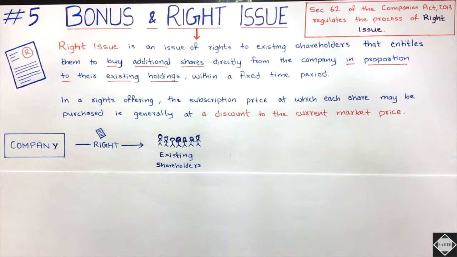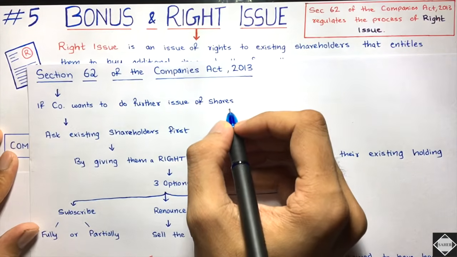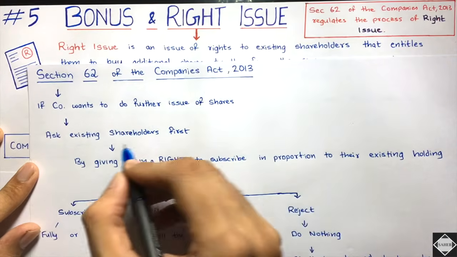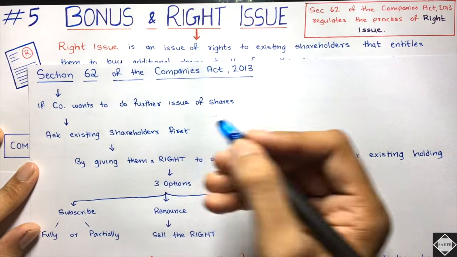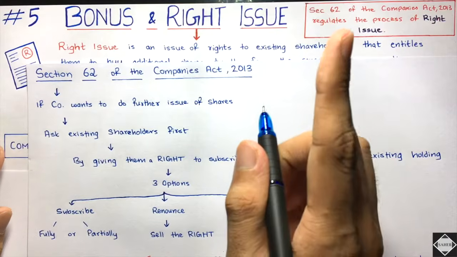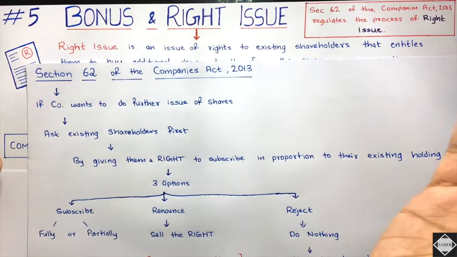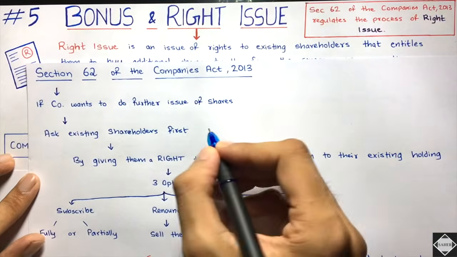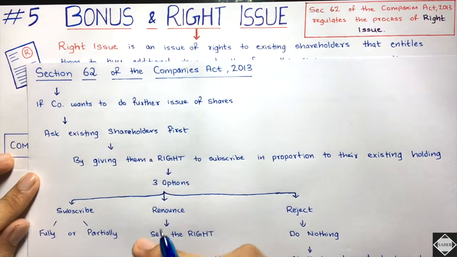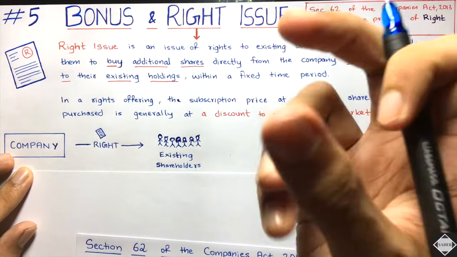But now, regarding rights issue, let's discuss section 62 of the Companies Act. If a company wants to do a further issue of shares, it must ask the existing shareholders first. Asking first means, the first option is passing a special resolution and issuing the shares to outsiders. The second option is to give the existing shareholders a right.